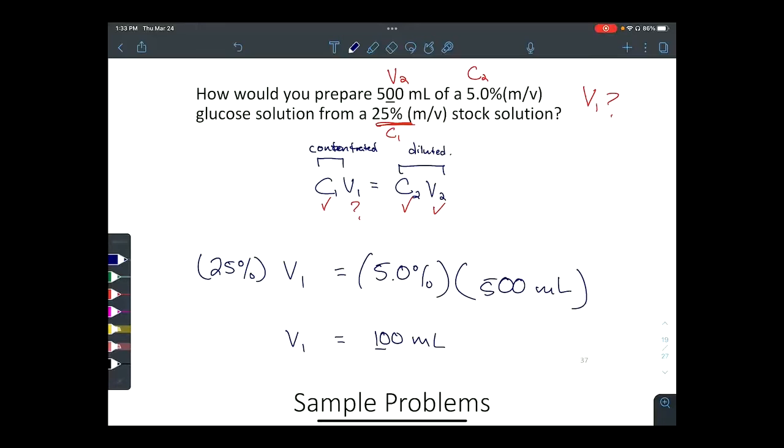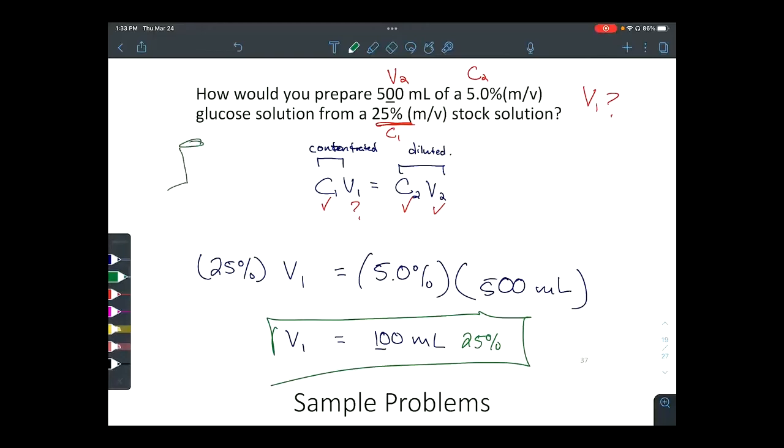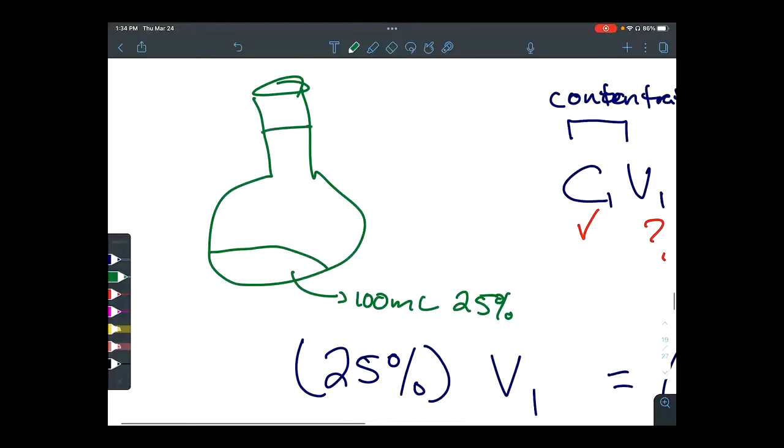Now the question says, how would you prepare this solution? So if you were in lab and you went through the steps here, what this is saying is that you need to start with 100 milliliters of your stock solution, which we said is 25% glucose in this case. So what that means is we would put 100 milliliters of this stock solution, 25% glucose, into a volumetric flask.